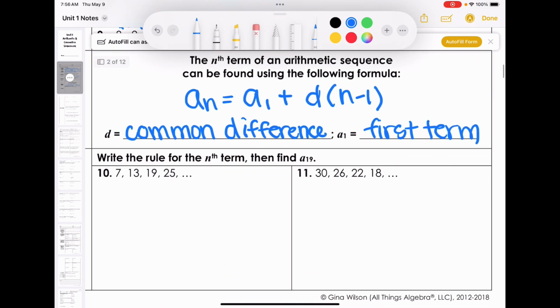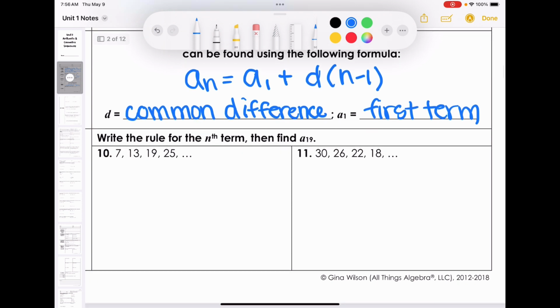All right, so let's look at some examples. So number 10, they want us to write the rule for the nth term, and then we're going to find a_19. So we're going to find the formula and then find the 19th term. So we have 7, 13, 19, 25.